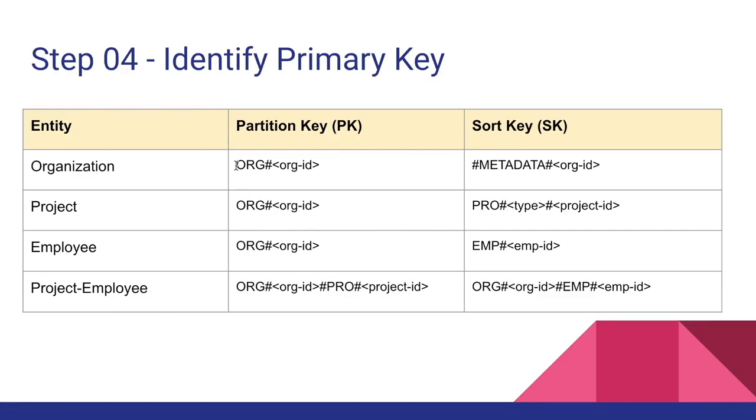Now I hope you have noticed we have different prefixes. For example, here ORG#, and then we have PRO# or project. So I've used different patterns for each entity. What is the main reason for this?